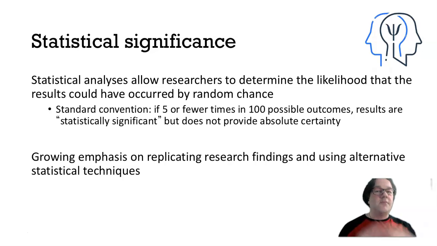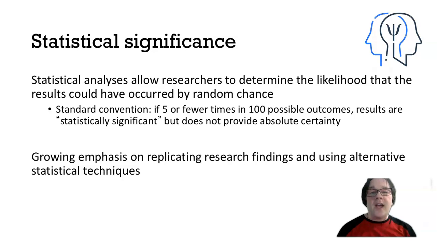So for our purposes, for psychological research, social behavioral research, we want what's known as a 95% confidence rate, meaning we want to be at least 95% sure that our results were not due to chance alone, that our independent variable actually did affect our dependent variable, that this wasn't just due to randomness.